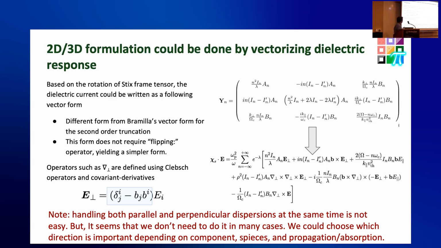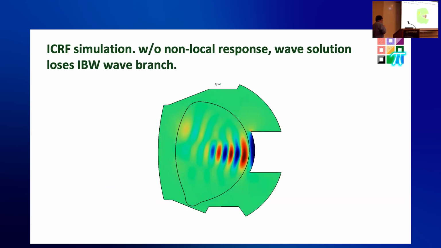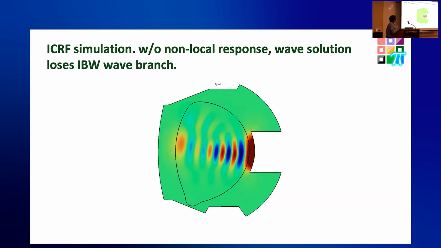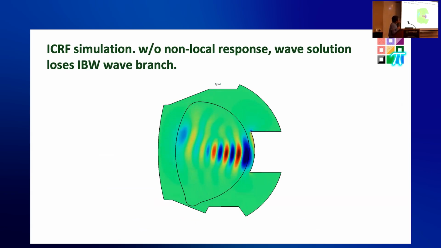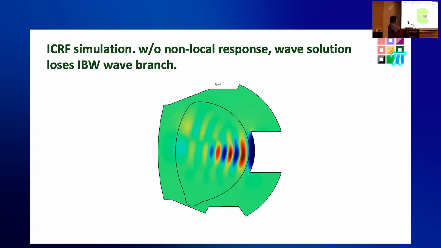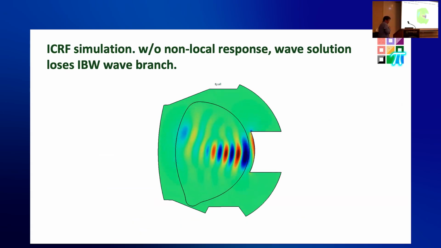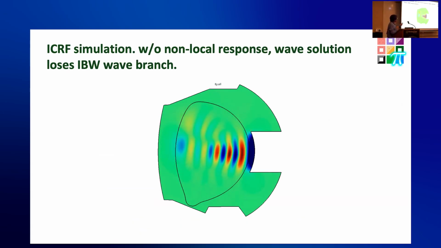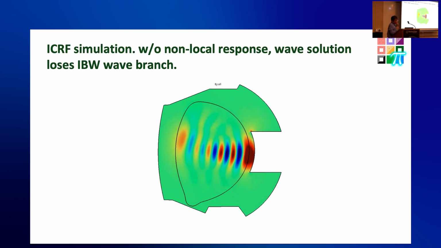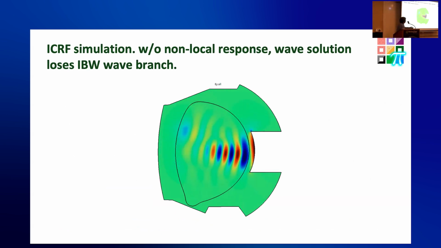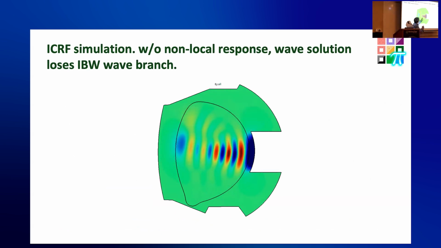By doing this, we can do the same trick for 2D and 3D, although we haven't yet tried 3D. Again, this is a different simulation, in a 2D tokamak. It's a cross section of the donut plasma, and in this case we didn't introduce the non-local effect. The wave is launched from here and propagates this way.